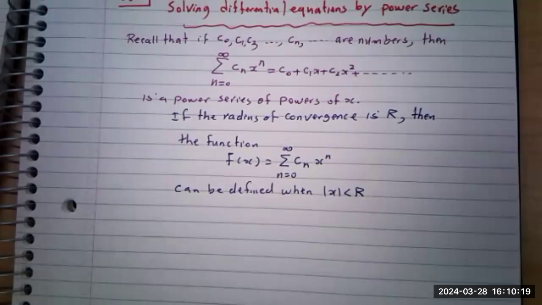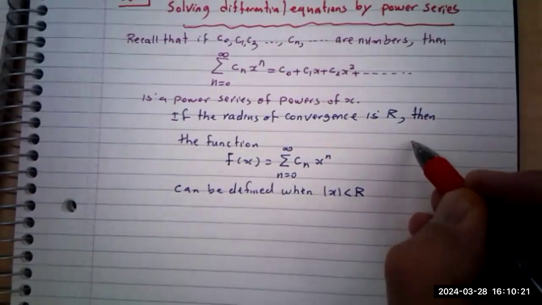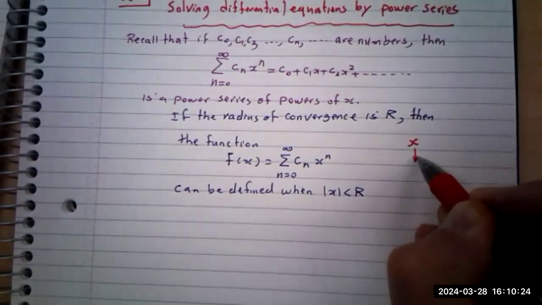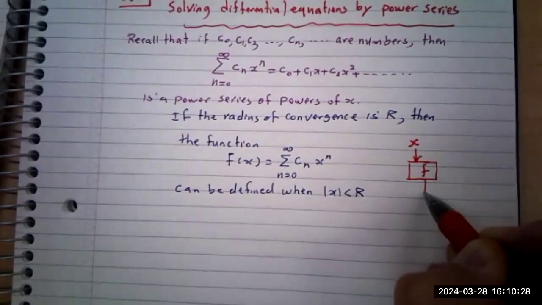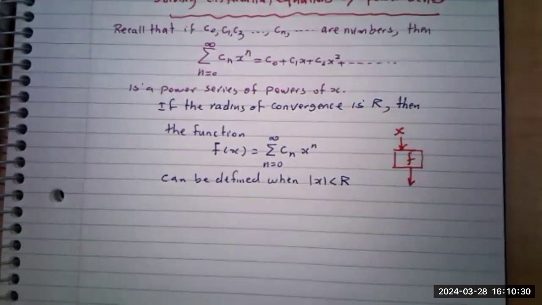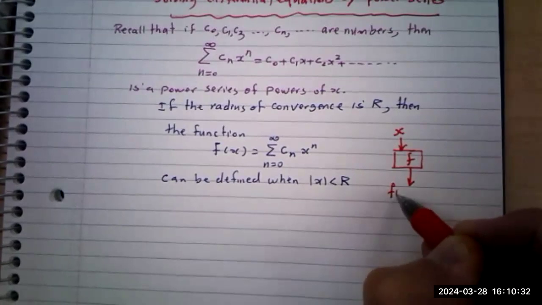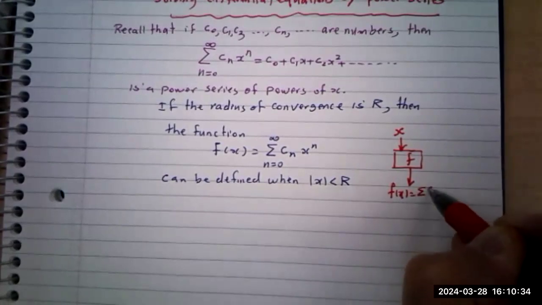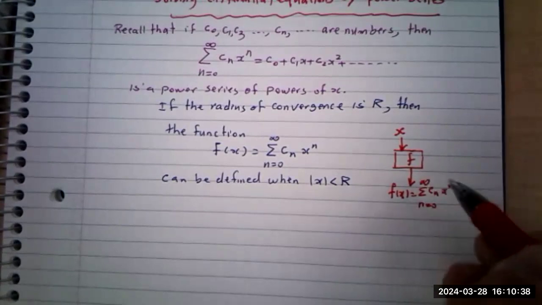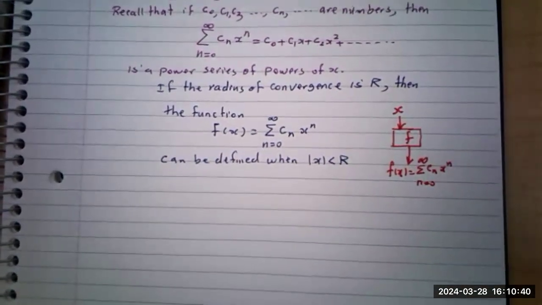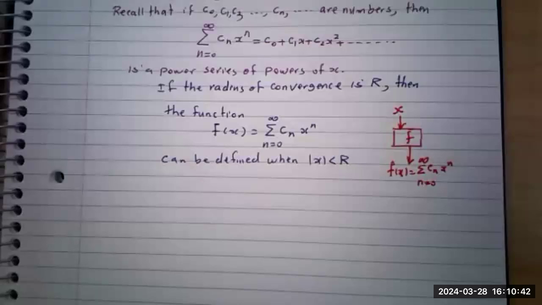So this is the variable x. You drop it into the function machine, but this machine would give you the power series. So f of x equals the sigma of Cn x to the n from 0 to infinity. We say that this function is defined by a power series.